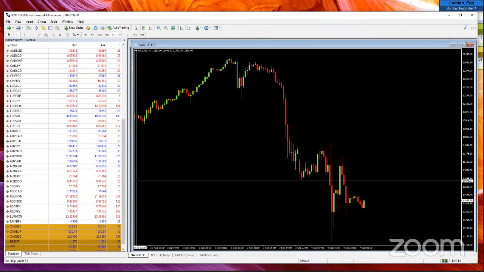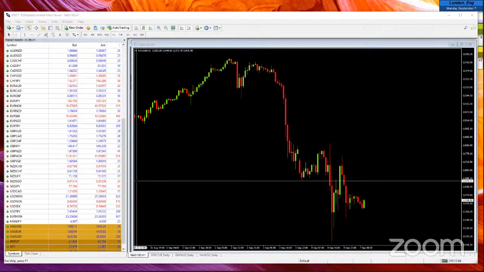Having a look at how some of these currencies and cryptocurrencies have reacted over the last few sessions, we're seeing Cardano down 3.3% currently. Bitcoin not quite as bad, down about 1.2%, or 1.1% maybe.